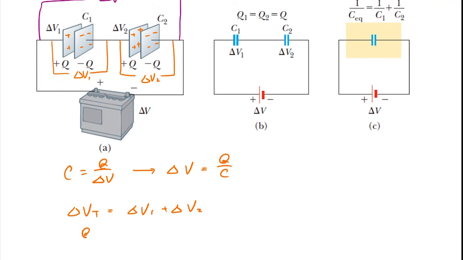So this is Q over the total capacitance that I'm trying to calculate of these two things together, is equal to delta V, once again, is Q, the same Q because the amount of charge that is stored is exactly the same per each capacitor, over C1, and this is Q over C2. How do you like that idea?